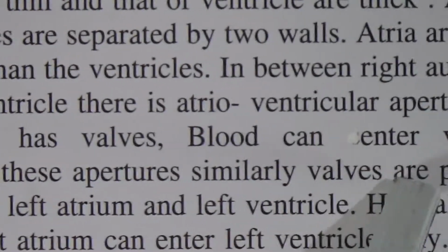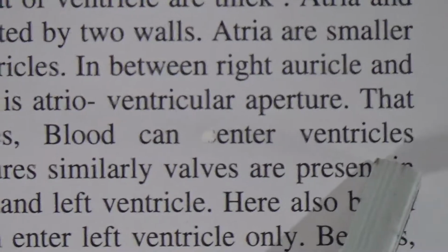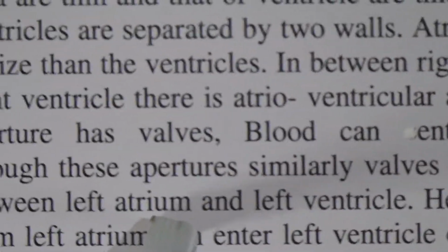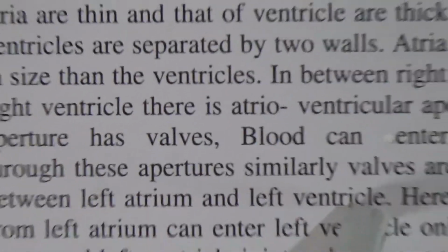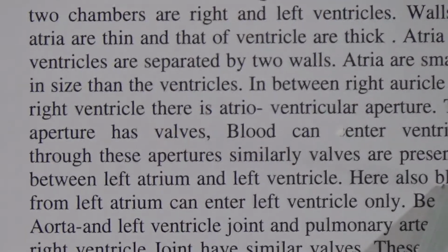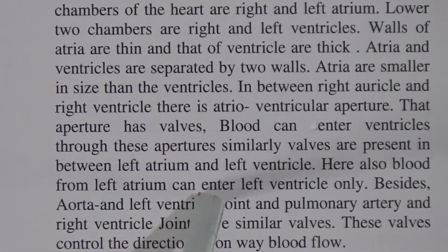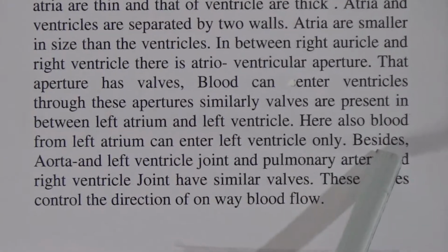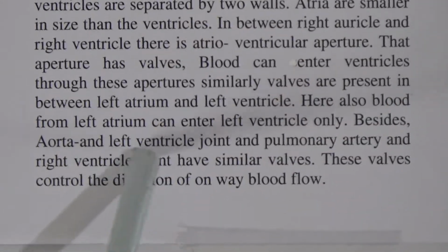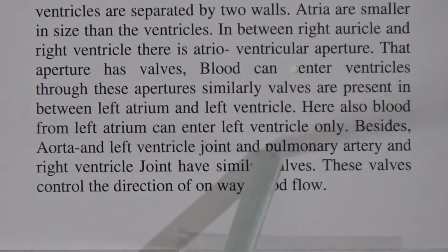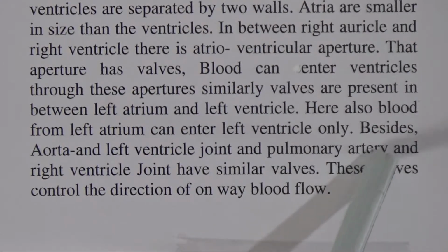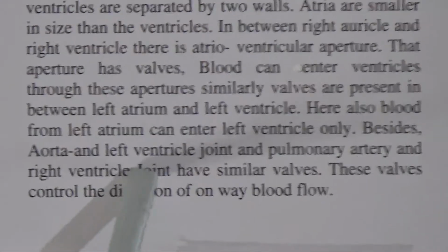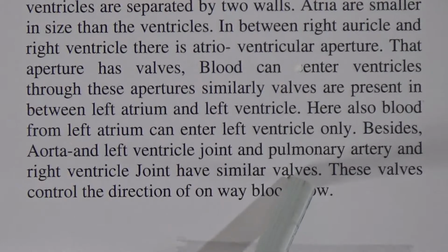Similarly, valves are present in between left atrium and left ventricle. Here also blood from left atrium can enter left ventricle only. Besides, where the aorta and left ventricle join, and where the pulmonary artery and right ventricle join, there are similar valves.